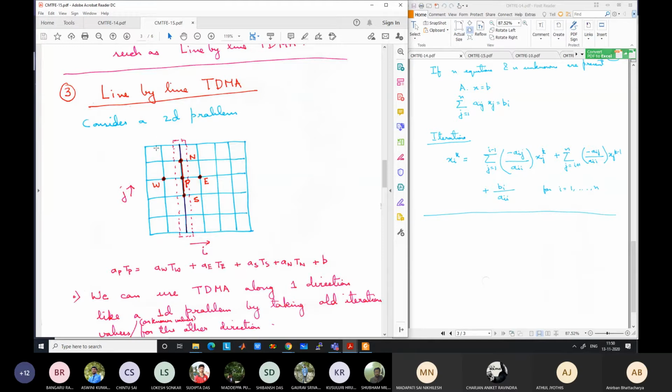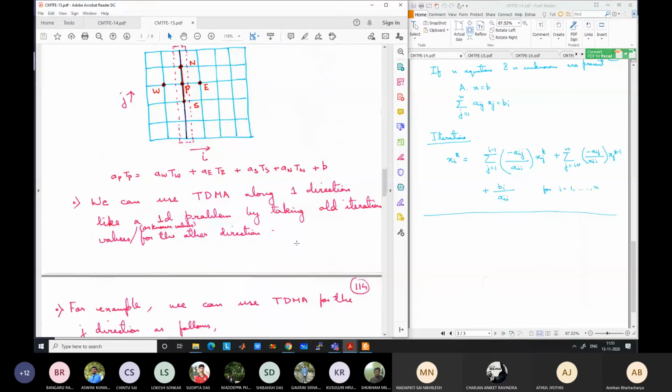For example, if we have already done the calculation for the previous line, the W value will be updated and already known to us. So we can take the current iteration W value, but the E value will be the old iteration value because we have not yet proceeded to the next line. So for both W and E we take the latest known values and put them together with the source term as the known part of the equation.